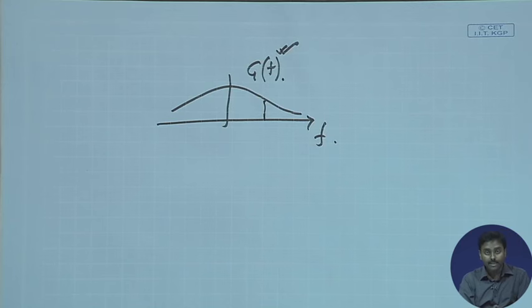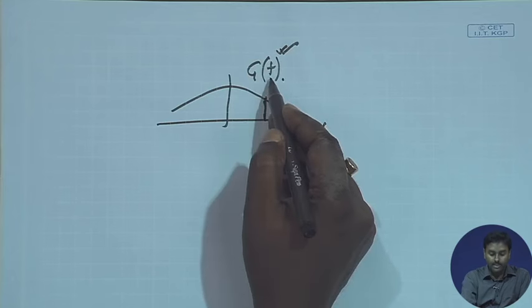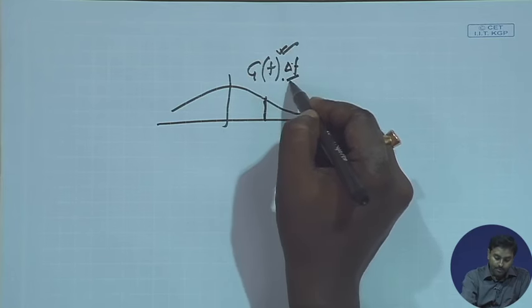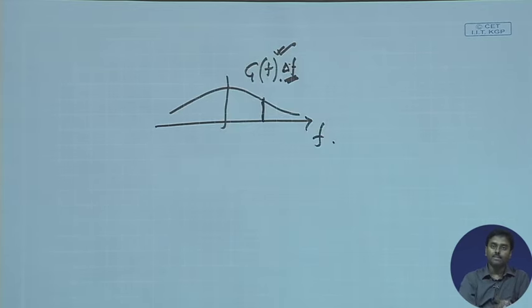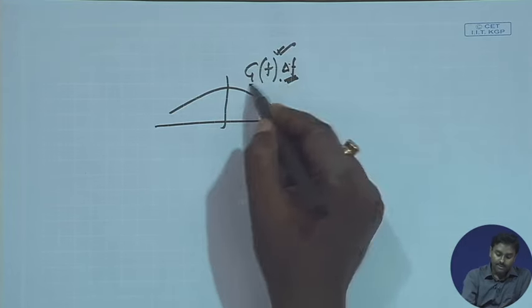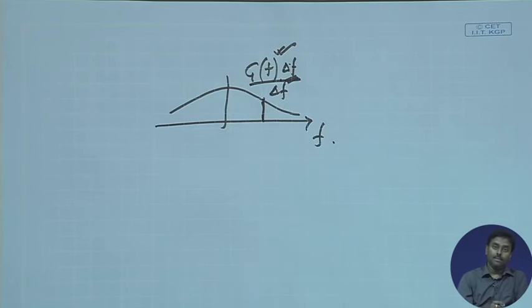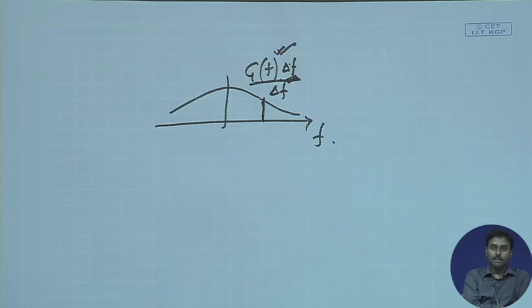Spectral strength is that at that particular frequency the value GF into some del f which tends to 0, because it is continuous. So, the del f goes to 0. So, basically the spectral strength will still become 0, whereas what we get is that spectral strength divided by del f, that means spectral density per unit frequency, how much it has.